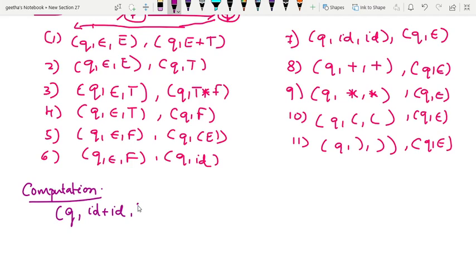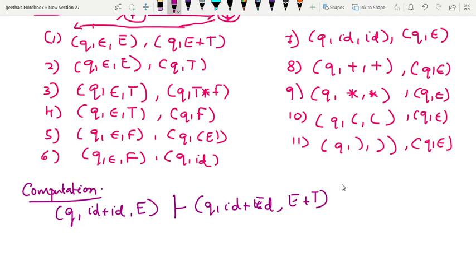The stack initially will contain the start symbol of the grammar, and the start symbol of the PDA also is E. So the rules for E give you, first of all, Q, comma, ID plus ID, comma, E.